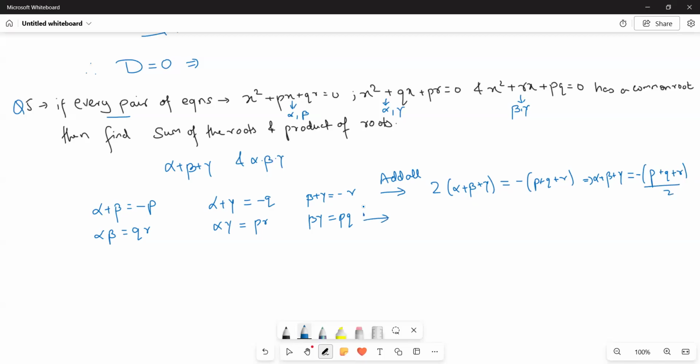And इसमें we multiply all. So that will give us alpha beta gamma whole square is equal to PQR whole square. So in that case, alpha beta gamma will end up becoming PQR.